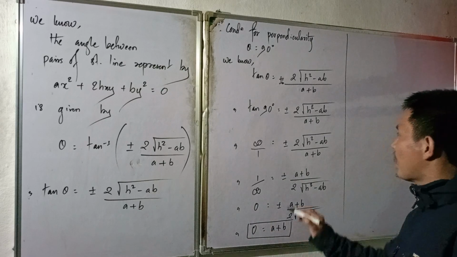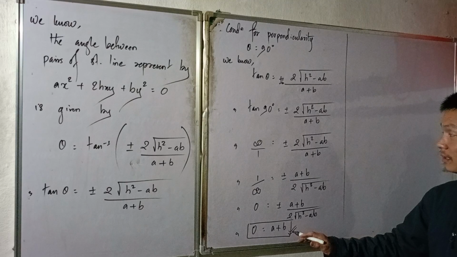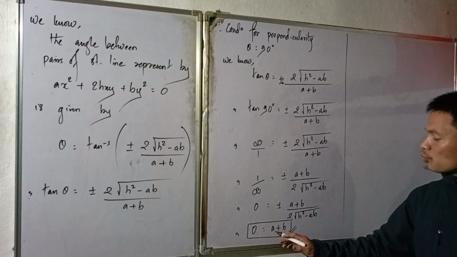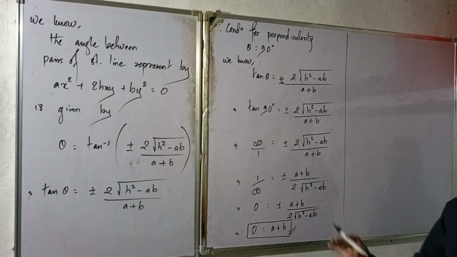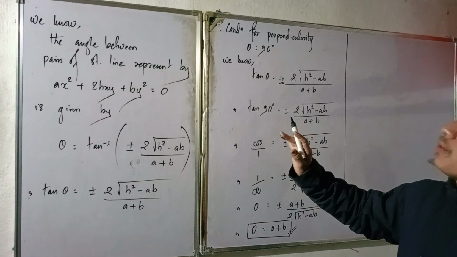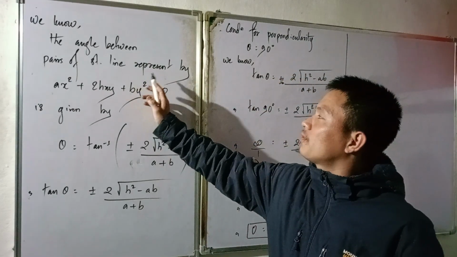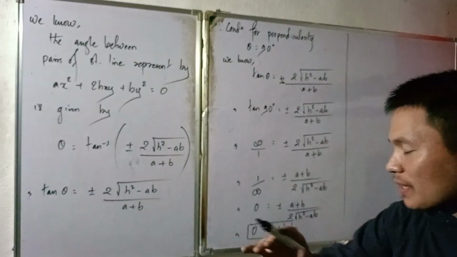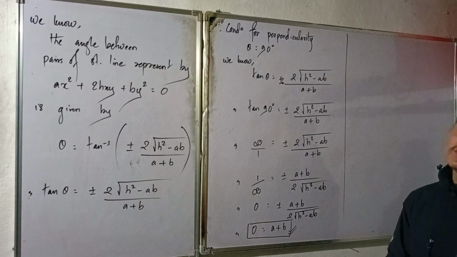So no need to simplify this. I'm just showing how the condition of perpendicularity is derived. You only need to remember this: the pair of lines represented by this equation will be perpendicular to each other if a plus b equals 0.